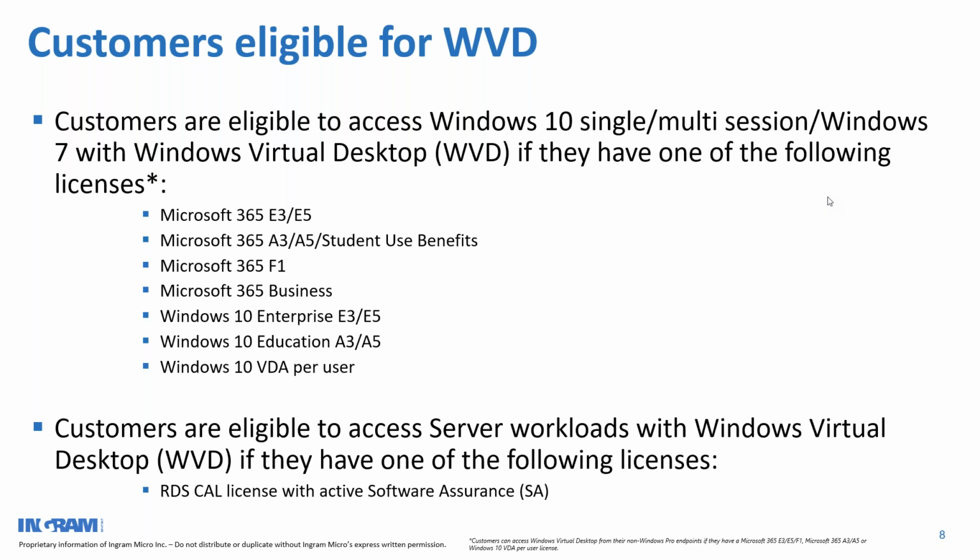If he still wants to continue to use a Windows Server as the operating system, then he definitely needs RDS CALs with software assurance. He cannot use existing RDS CAL without software assurance with Windows Virtual Desktop. He has to have an active software assurance in order to use a server workload or a server operating system as a login instead of Windows 10 on Windows Virtual Desktop.